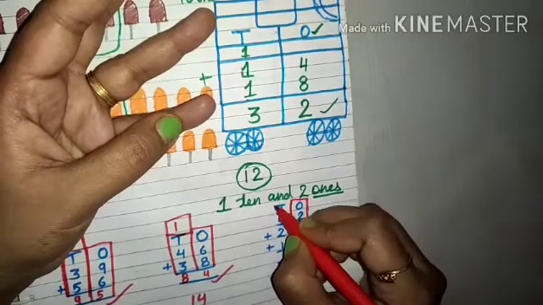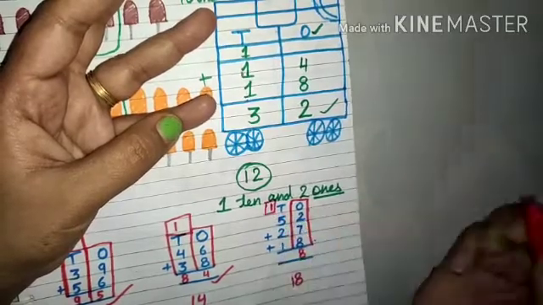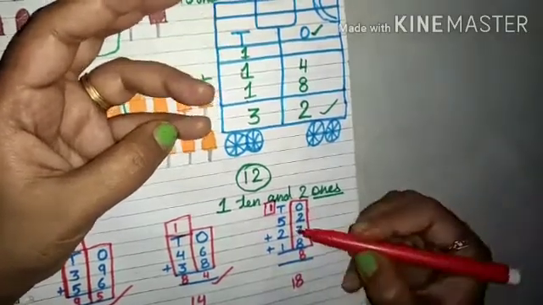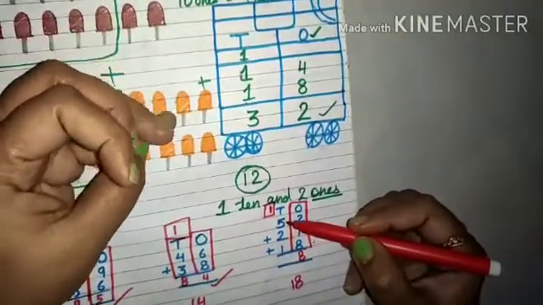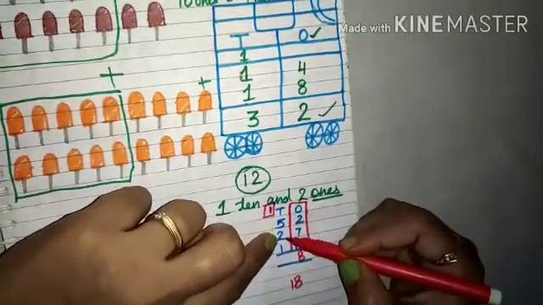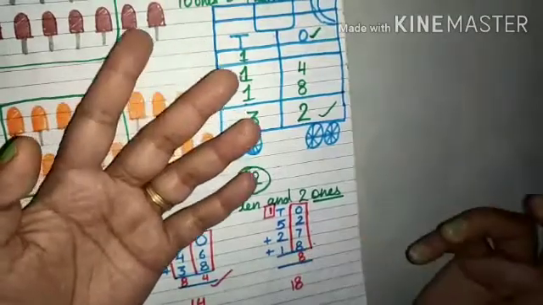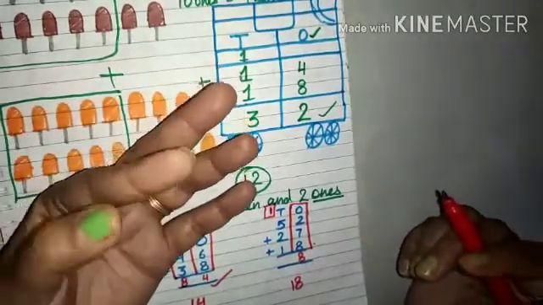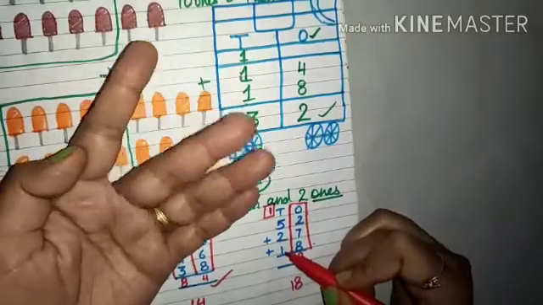1 will be carry over. है ना? 1 क्या होगा? Carry में जाएगा. So which one is greater here? 5. Okay. 5 and 2 I am going to count. 2 and 1 I am going to count on my fingers. So 1, 2 and this one 3.